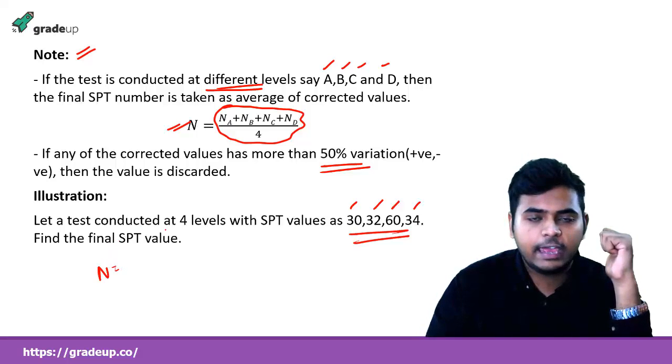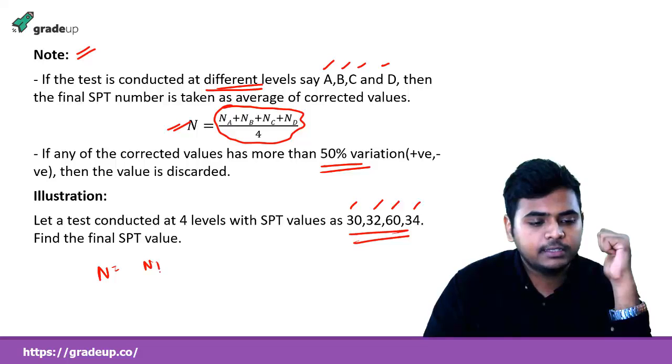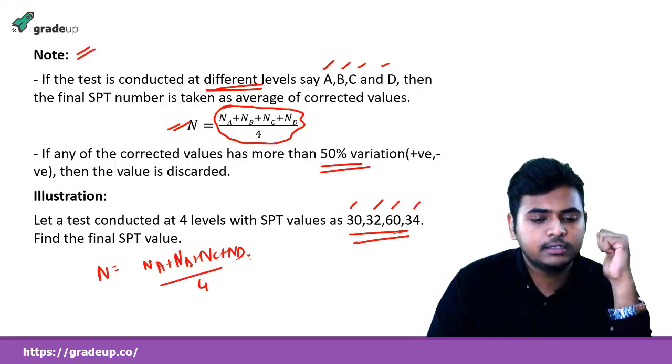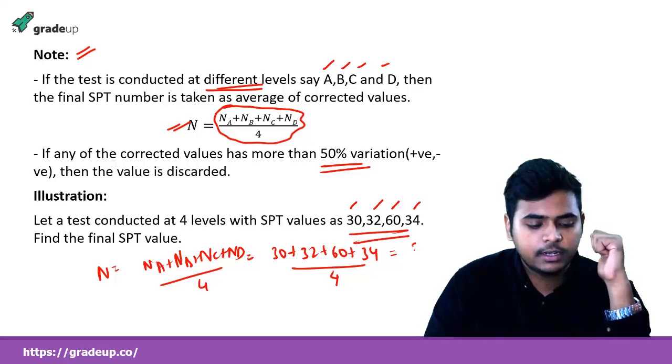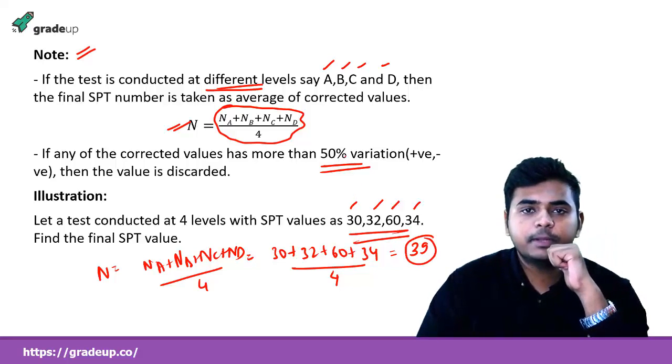Firstly we will find the average value, that is NA plus NB plus NC plus ND by 4, that is 30 plus 32 plus 60 plus 34 by 4. This will give the value as 39. Now we will take 50% variation of this, both on the positive and negative side.